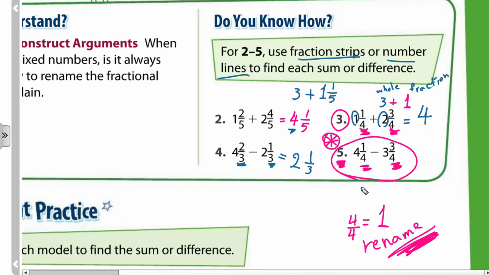No, we can't. You cannot subtract 1/4 minus 3/4. So what can we do? Okay, we will play the game first.